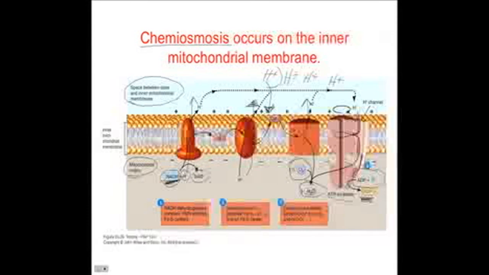So all of these electrons are used to pump hydrogen ions across. Hydrogen ions fall back through ATP synthase. That generates more ATP. The electrons are gingerly passed through all of these electron carriers to oxygen, and a couple of hydrogen ions bind up with those and make water.